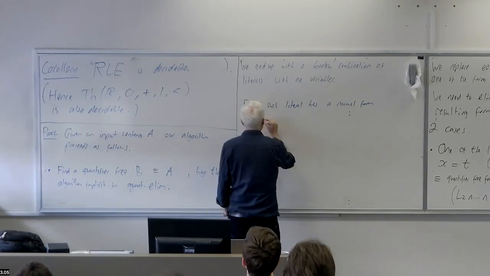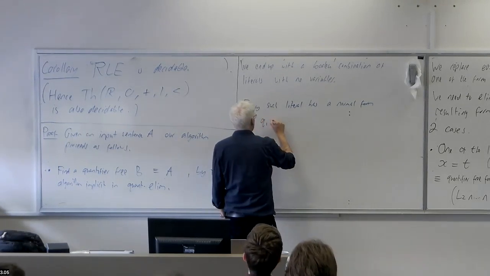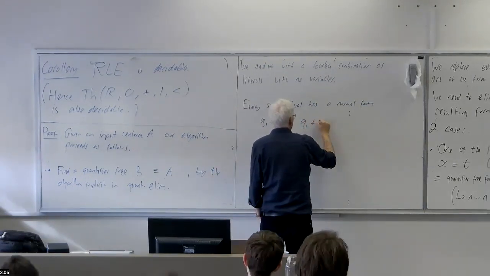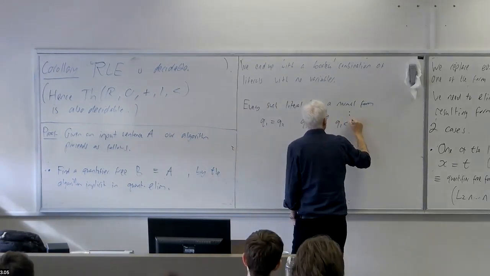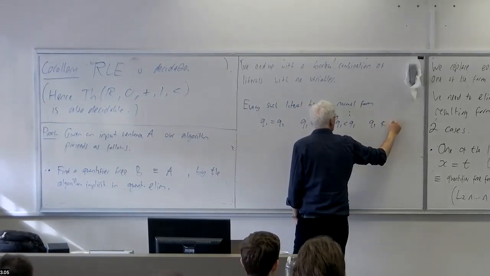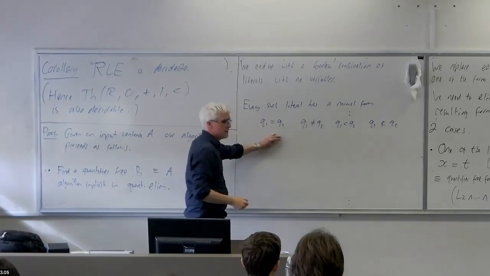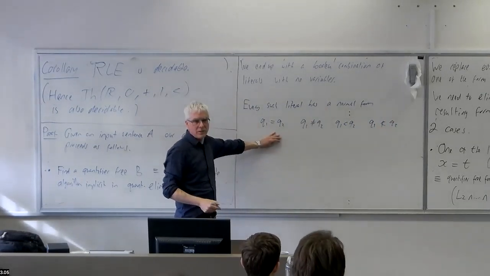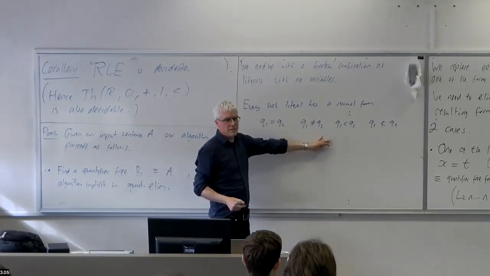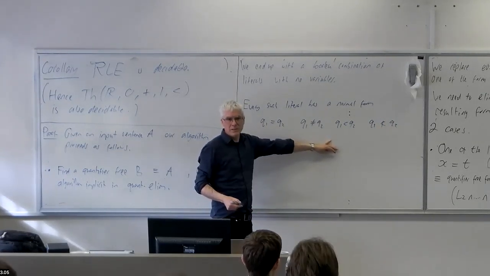So the possible normal forms are Q1 equals Q2 for two rational numbers, Q1 is not equal to Q2, Q1 is less than Q2, or Q1 is not less than Q2, where in each case you've got fixed rational numbers on either side.